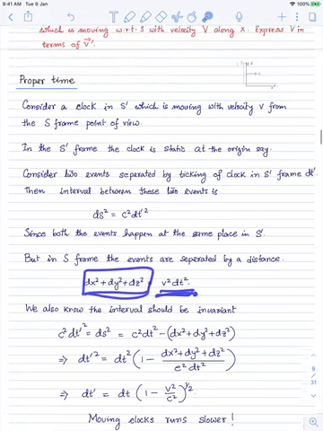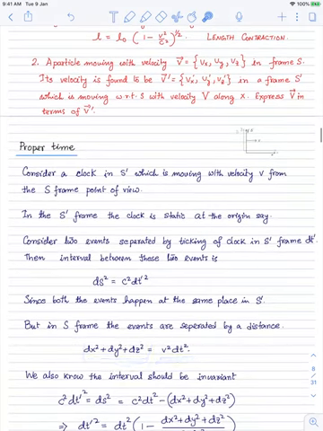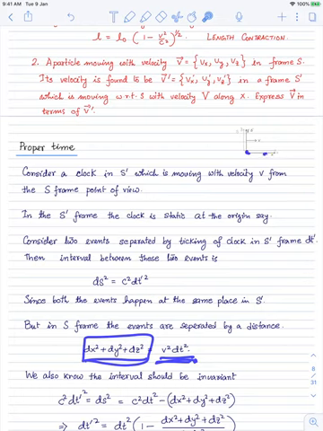Consider just one tick of the clock: the first event, from where you start counting, is this point, and the second event is this one. There's a distance from the S frame point of view, because the clock is stationary in S prime, but it has moved.